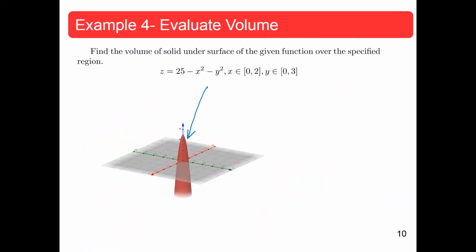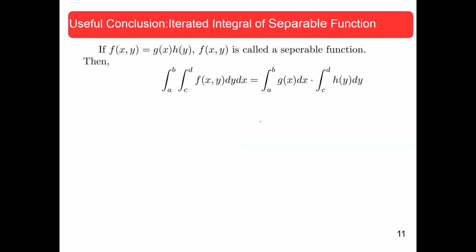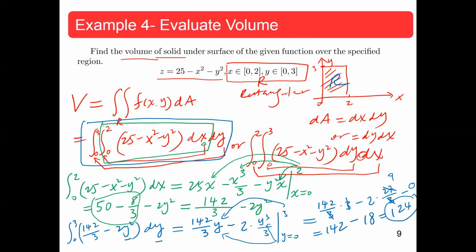My x is from 0 to 2, which is this small area over here, and y from 0 to 3, which is this small area there. So if this is the region R, you're going to have a corresponding solid, which matches this part of the graph. So that volume is going to be 124, as we have computed over here.